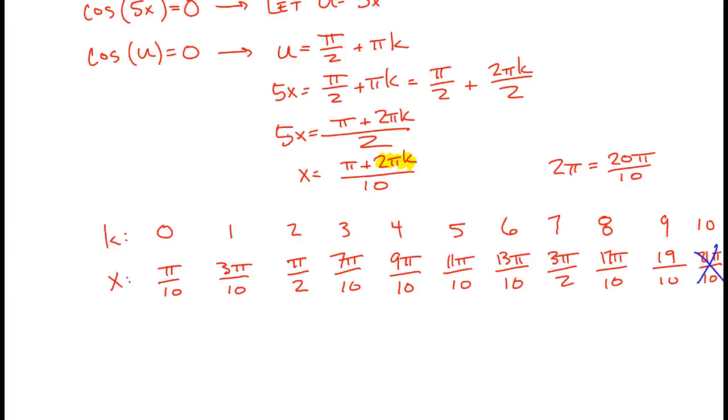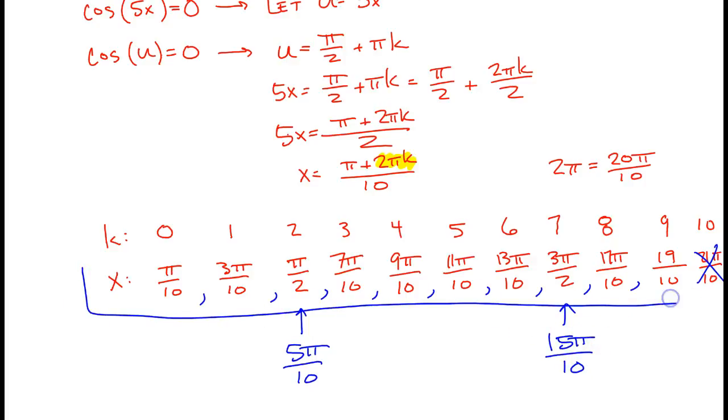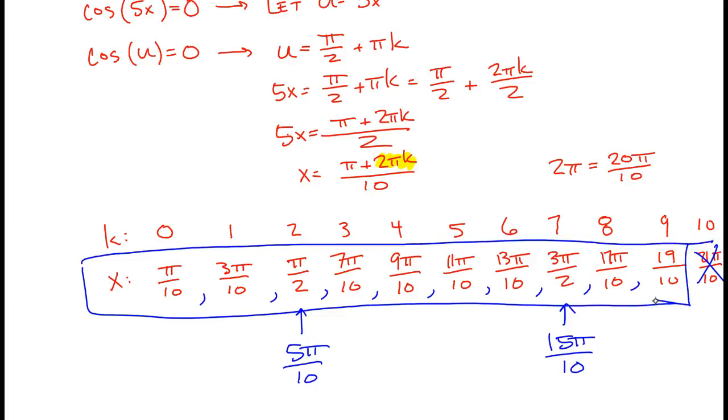So I know this is kind of crazy, but we have a comma-separated list here for all our solutions. If the pattern throws you off, don't forget that this was the same as 5 pi over 10, and this one was the same as 15 pi over 10. But there's our answers. Hopefully you don't have too many in WebAssign where you have to enter 10 different values. Let's move on to the next example.